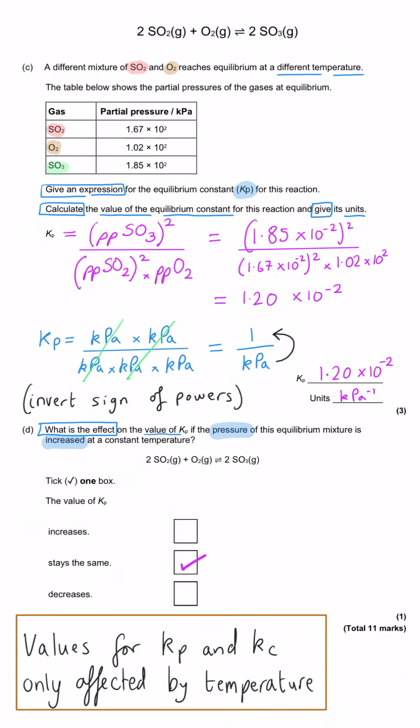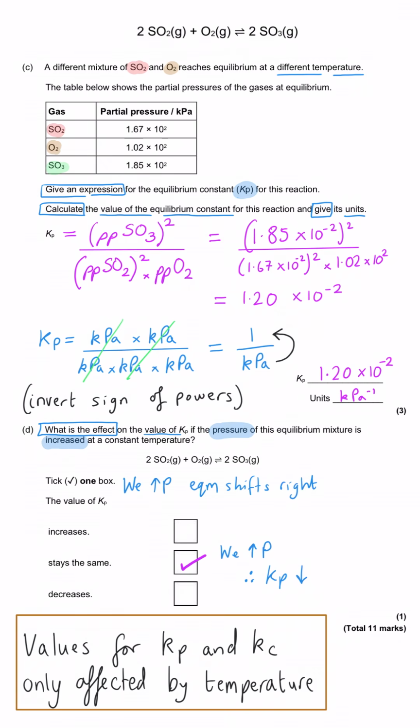The reason that Kp will not change is if we increase the pressure, what that will do is proportionately increase the partial pressure. Now, since there's more terms on the bottom of this expression than on the top, we might think that Kp should decrease. But the equilibrium is going to shift to respond to this pressure increase. And so it will actually shift to the right-hand side.